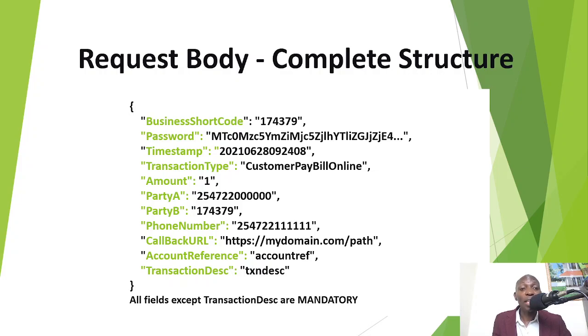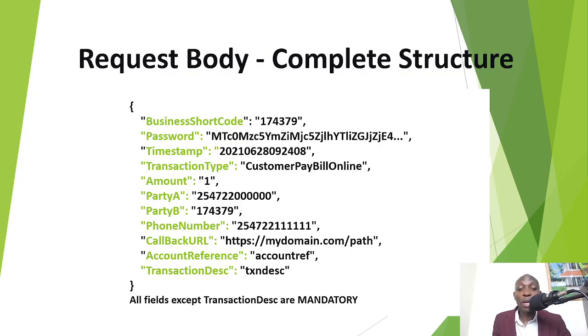You have the business shortcode, it is mandatory. Password, it is mandatory. Timestamp is also mandatory. Transaction type is also mandatory. We can have customer pay bill online or customer buy goods online. You have amount. This amount field is mandatory, with a minimum of 1 shilling and a maximum of 250,000 per transaction.